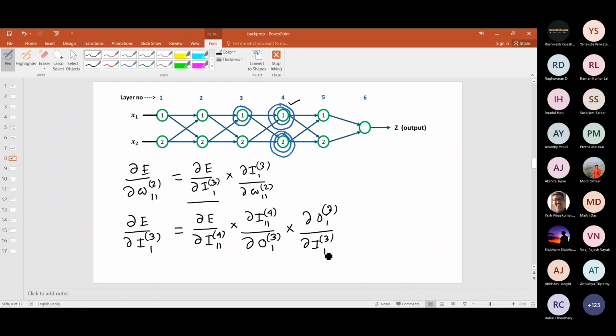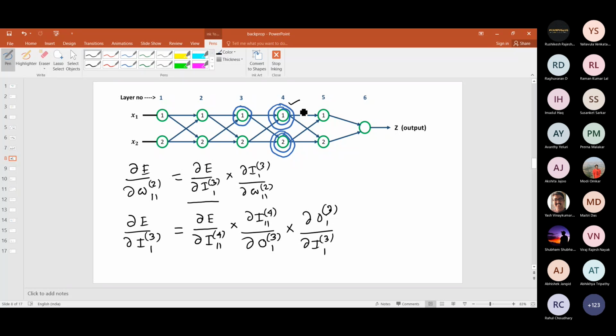This is a simple step. What I'm trying to say is how this I31 is going to influence the network, the E. I31 is going to influence the output of this neuron. That output is going to influence this particular neuron, and so on and so forth. So let's focus on this neuron only.